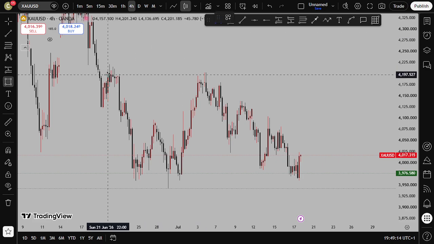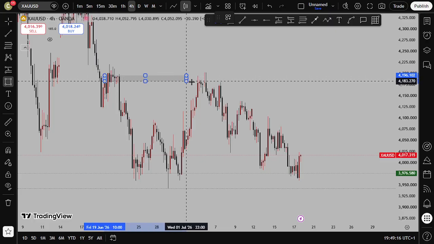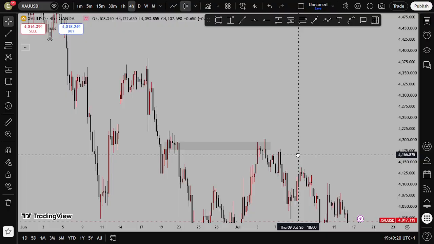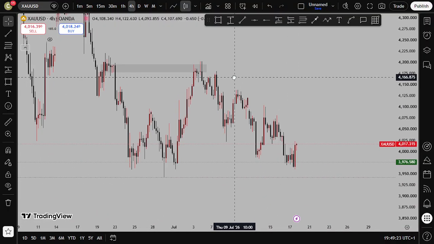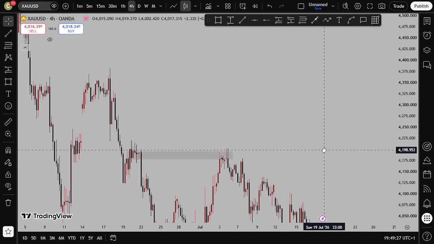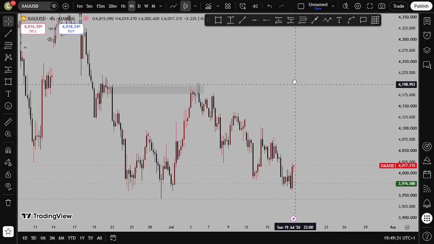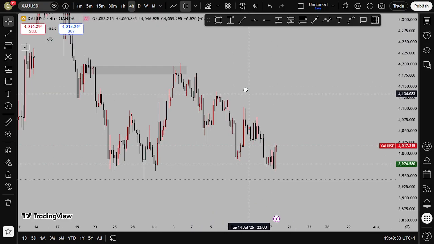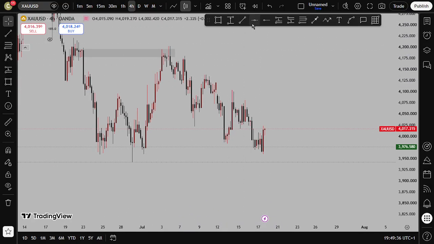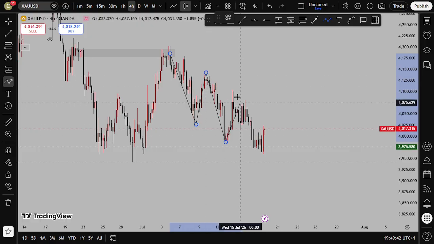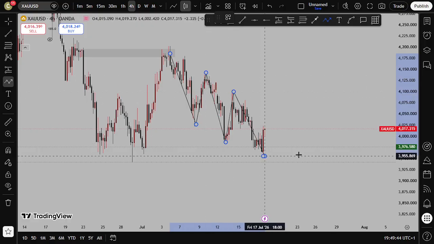Price tapped into this supply. And as you're seeing, it's printing lower low, lower high, lower low, lower high, lower low.